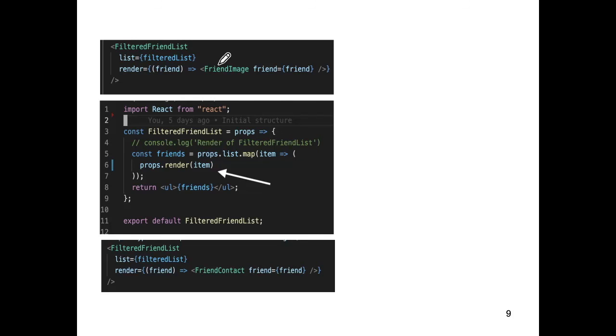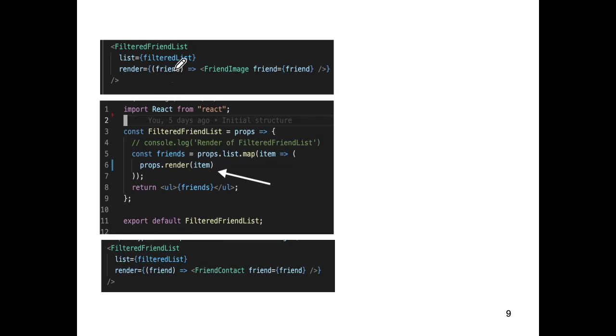You can gather from the name that friend image, the way I implemented that component, renders a friend's name followed by their image. Whereas down here, I've got another invocation of the filtered friends list. But in this case, the render prop, the actual function associated with it, returns a component of type friend contact. And in my case, the friend contact component renders a friend as their name followed by their email address.